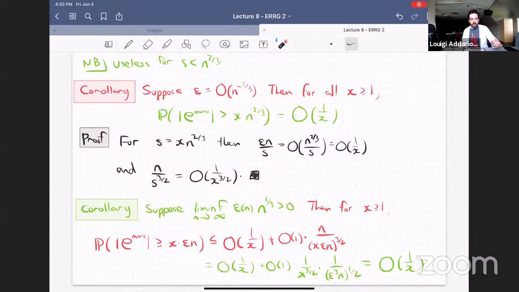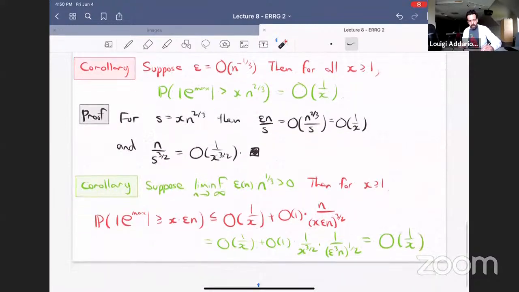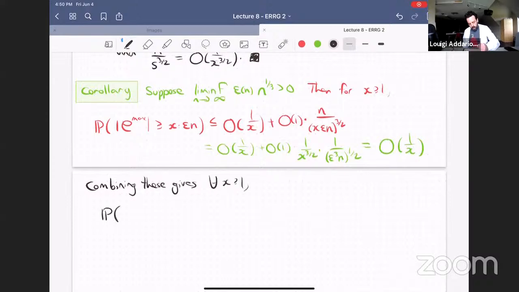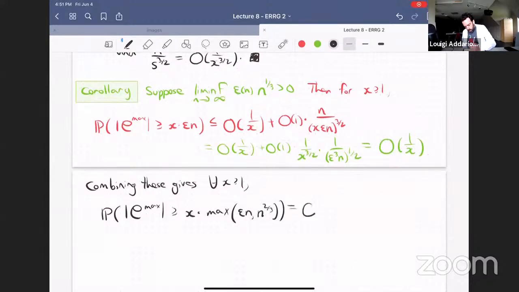Okay, and so if we combine those into a single statement, we can write that for all x at least 1, the probability that the largest component has size bigger than x times the maximum of epsilon n and n to the 2/3 is order 1 over x.